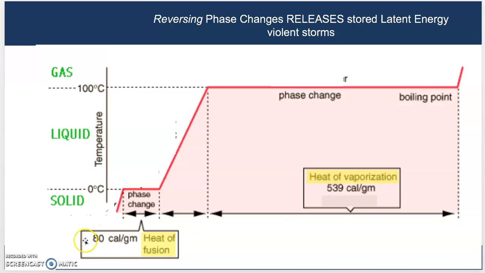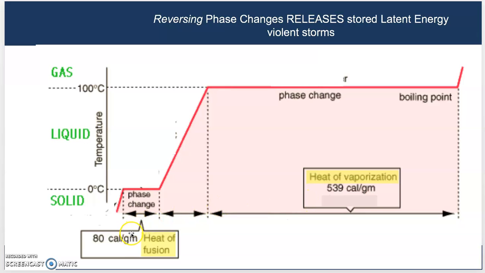That heat of fusion is 80 calories per gram. So for every gram of water, it's going to release 80 calories of heat. That's not nearly as great a heat release as vaporization, especially when you consider that the vaporization is per gram of vapor, and a gram of vapor is an enormous amount of vapor.